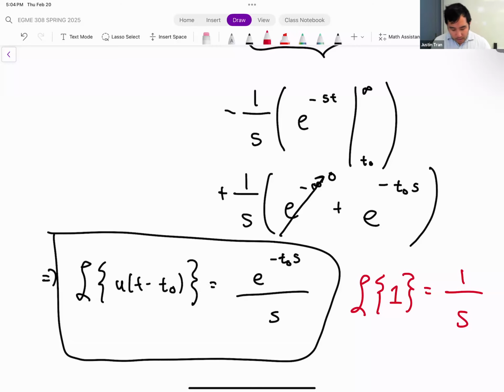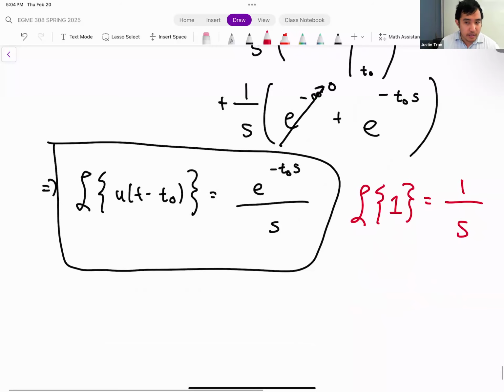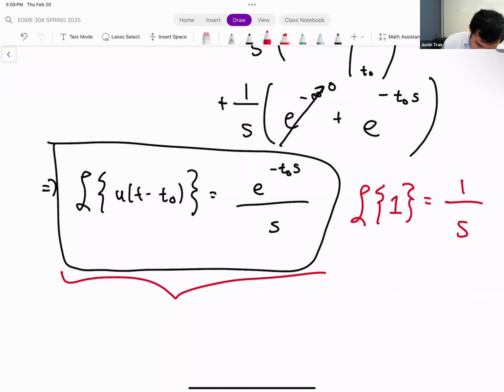Okay. So these two are very similar, which makes sense because a step function is essentially just 1. It's just a delayed 1. So it's a 1 that doesn't start at t equals 0; it starts at some later time. Okay, so I want you to think of the step function kind of like that.